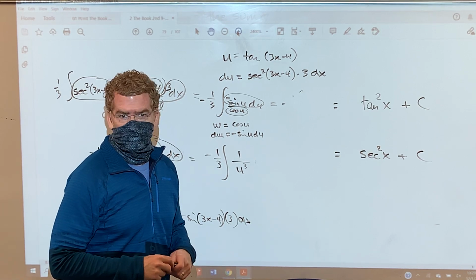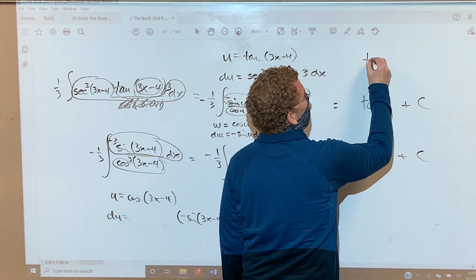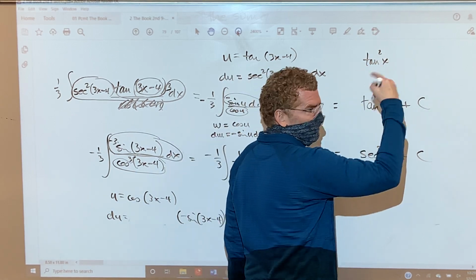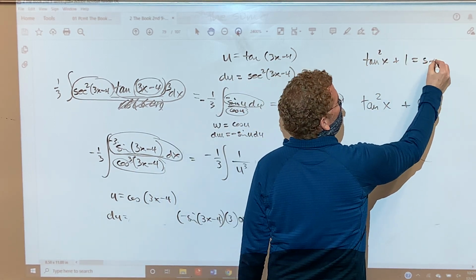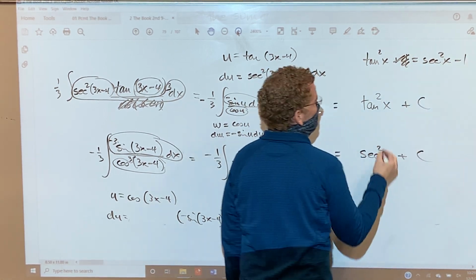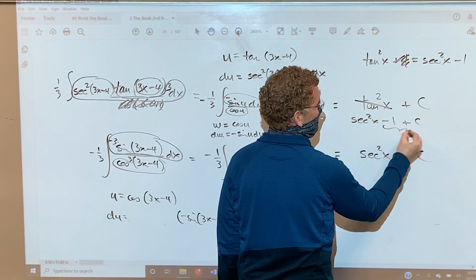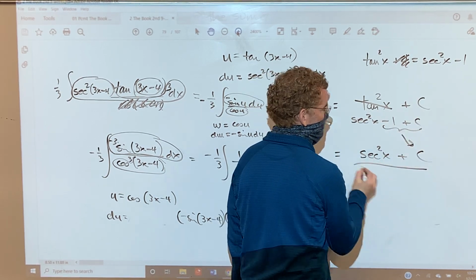Could it be true that it's that? Because what is tangent squared equal to? I mean, you know that this is a true statement, right? Pythagorean identities. Plus 1. So if I replace that with secant squared x minus 1, what does this give me? C.